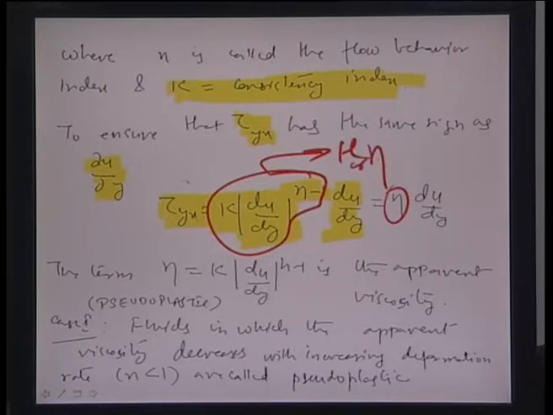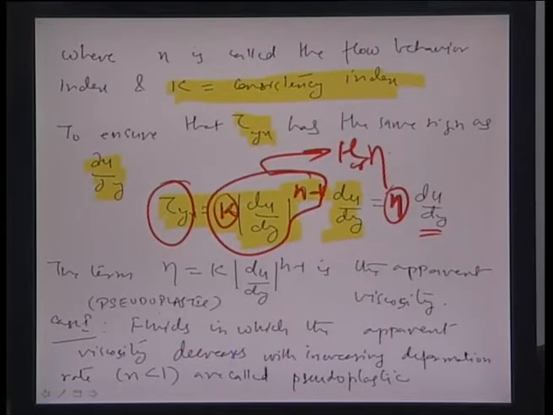So essentially in this case tau yx is equal to a viscosity eta value which varies with respect to du by dy to the power n minus 1, with a proportionality constant equal to consistency index k, and tau yx is then related to du by dy by eta du by dy.